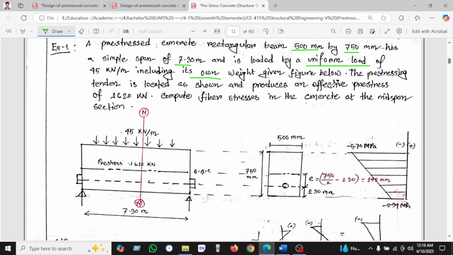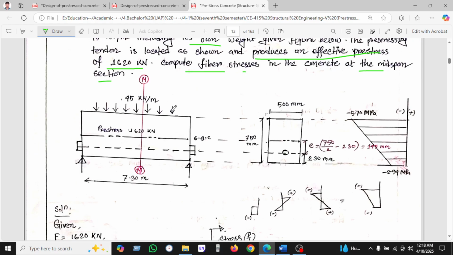The prestressing tendon is located as shown below, and the effective prestress produces a load of 1620 kilonewton. Compute the fiber stress in the concrete at the mid span of the section. So this is the mid span.